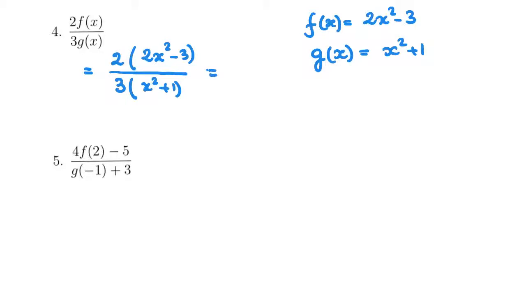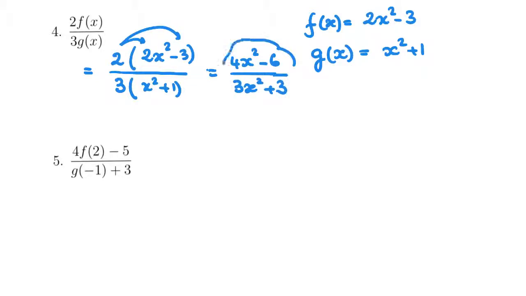And we can write it, if we want, by doing the multiplication like this: 4x squared minus 6 over 3x squared plus 3. So that is this division here.